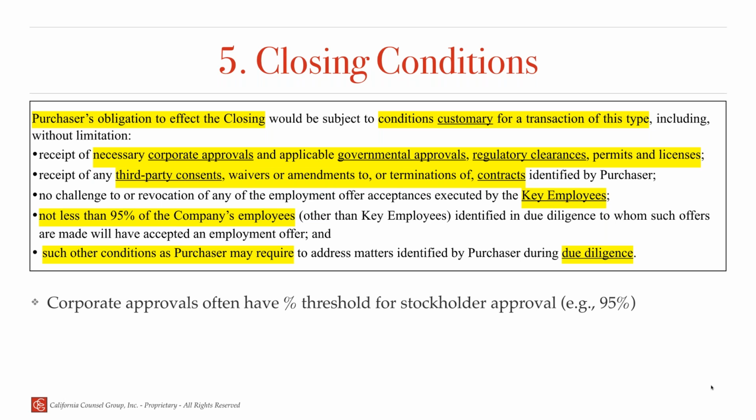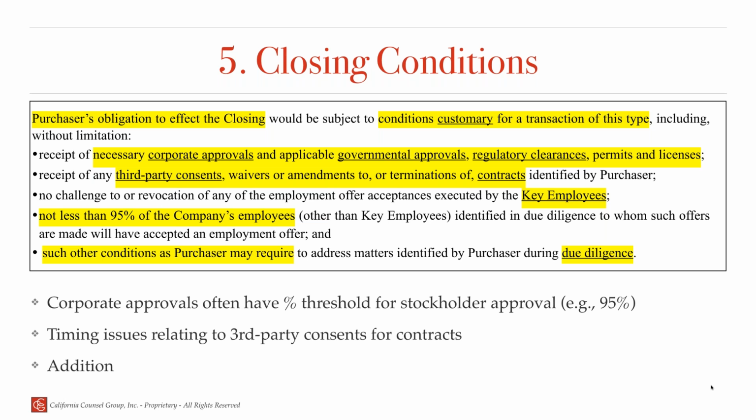So even though it's a merger and the seller is going to survive, because it is a change in control of the company, it may trigger a consent obligation or a consent right of the other party in the contract. So as part of due diligence, you may have to go back to those other parties in those contracts and get their consent to do the deal. That's not something that you want to wait until the last minute on, because that could take a long time depending on the contracts that the seller has.